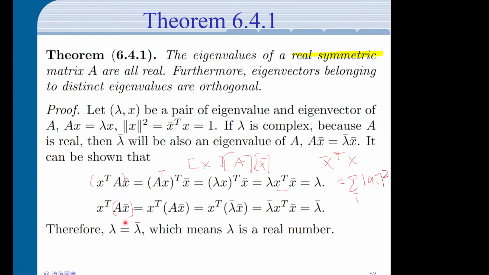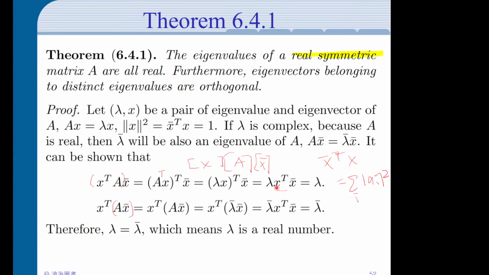The other way is to apply A on X bar. X bar is also an eigenvector of A with lambda bar as eigenvalue, just because A is a real matrix. So here you get lambda bar, also multiplying X transpose X bar.